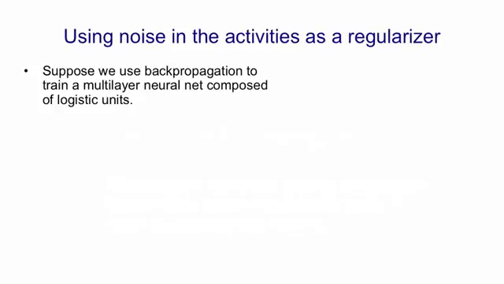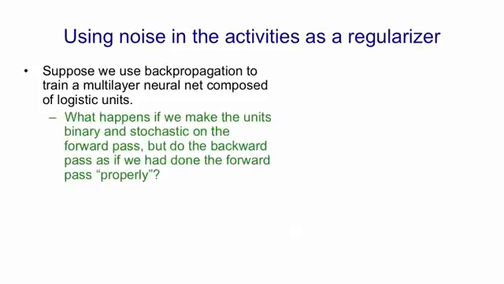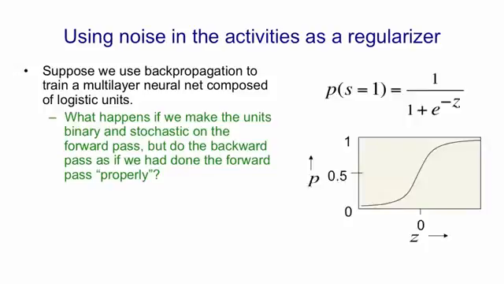We can also use noise in the activities as a regularizer. So suppose we use backpropagation to train a multi-layer neural net with logistic hidden units. What's going to happen if we make the units binary and stochastic on the forward pass, but then we do the backward pass as if we'd done the normal deterministic forward pass using the real values? So we're going to treat a logistic unit in the forward pass as if it's a stochastic binary neuron.